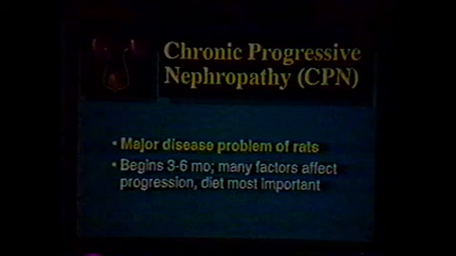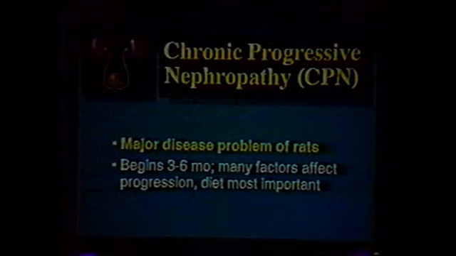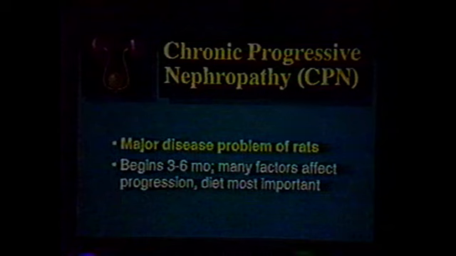Certainly there has been some research to show that if you control the protein content in the diet, you may be able to decrease the progression, onset, and severity of this disease. So there are certainly nutritional aspects of it. There may be a relationship to prolactin as well, not quite as well worked out, but the disease may begin as early as 3 to 6 months of age.